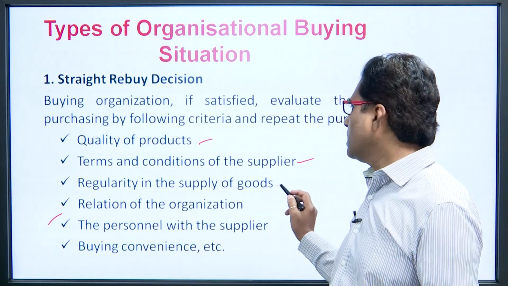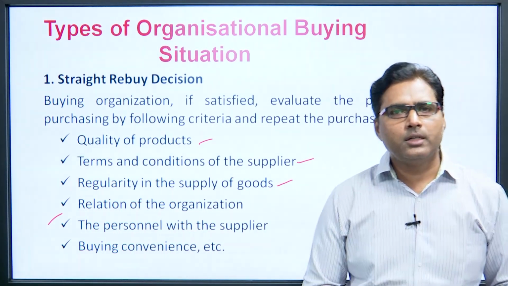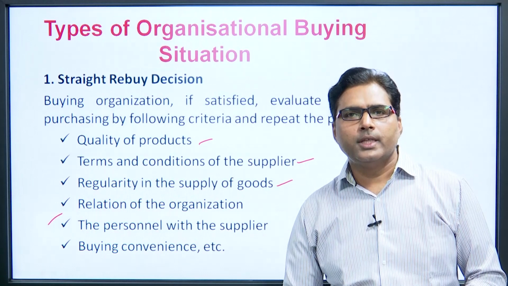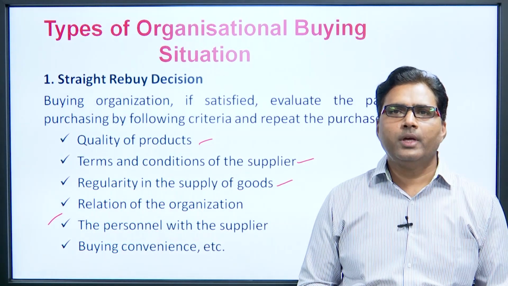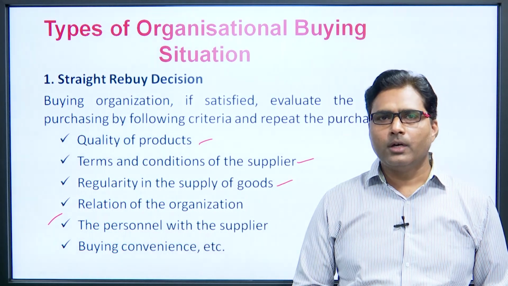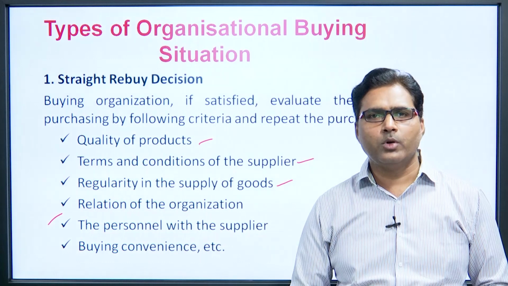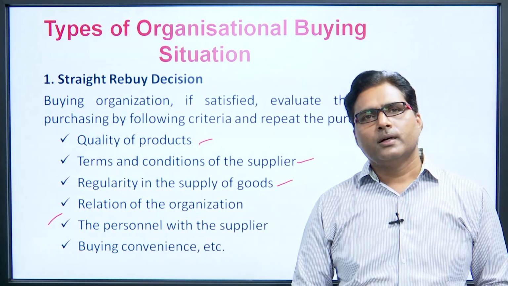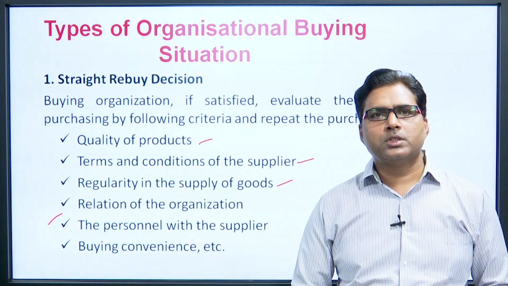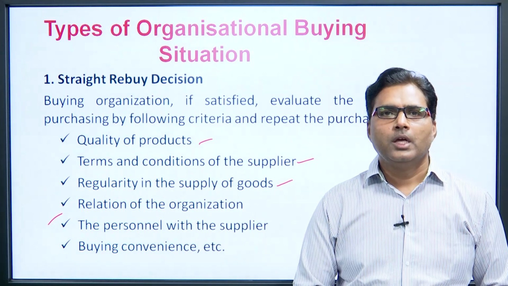Then the next is the regulatory framework in the supply of goods. There are certain regulations by the government that may influence positively or negatively. If regulatory options are working in the positive direction, then supply of goods can be done with the straight rebuy decisions.